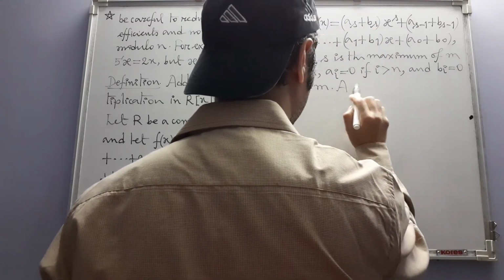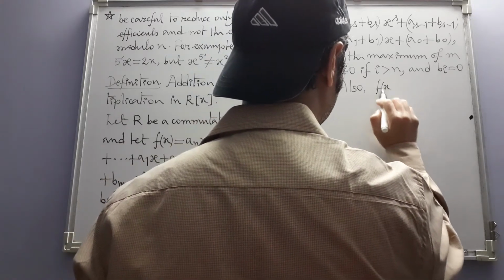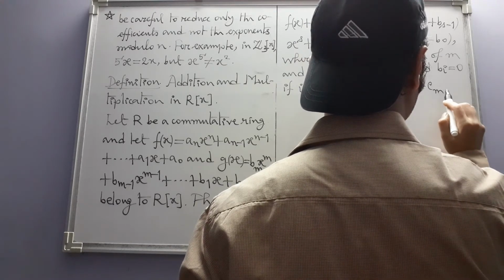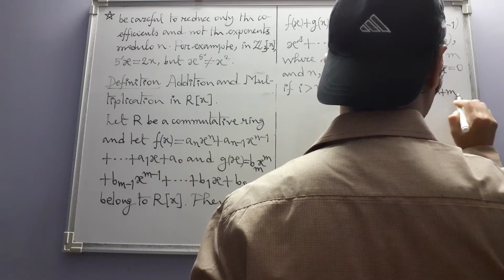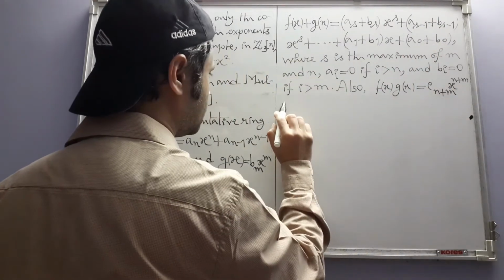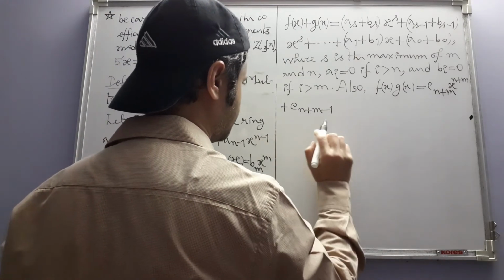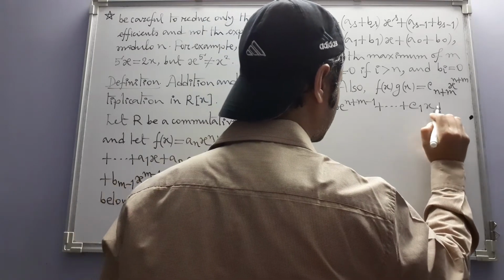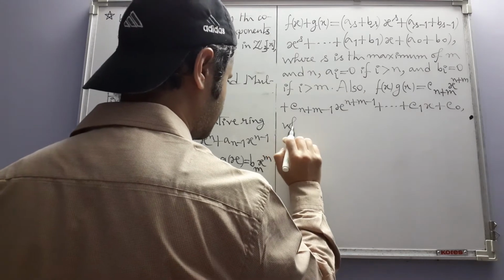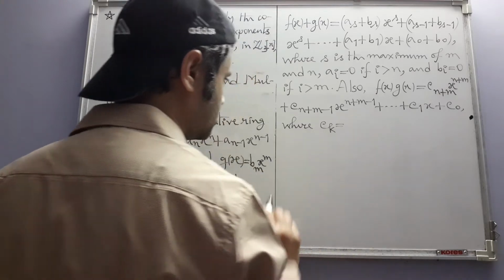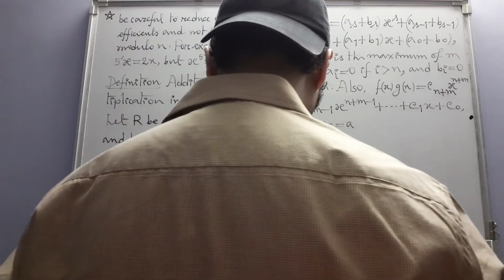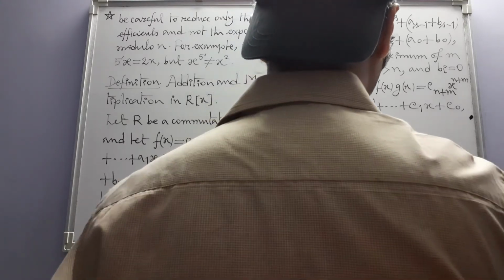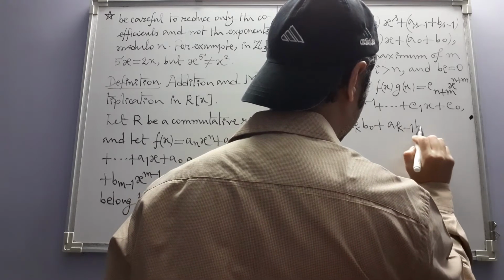So this is addition. Also, the product of f(x) and g(x) is this: c_{n+m} x to the power n+m plus c_{n+m-1} and so on, down to c_0, where c_k is, they start, it does not matter where we start, but still maintaining the thing that is written in the text, a_k b_0 plus a_{k-1} b_1 and so on.